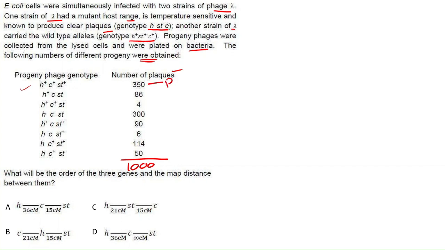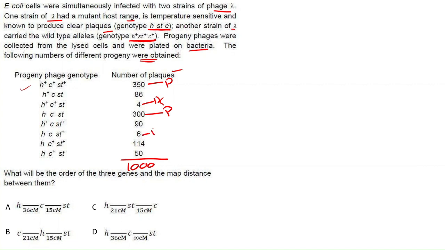So this is parent 1 and this is parent 2, because 350 and 300. You can see here H, ST, C and H plus, ST plus, C plus are the parents. Then what is the double recombinant? The lowest number of F2 progeny which show a particular genotype, their genotype is the double recombinant product.